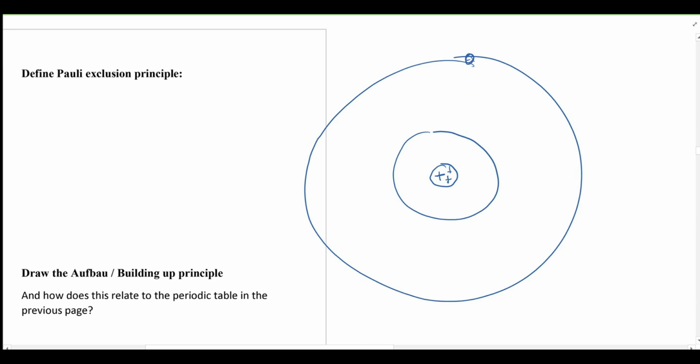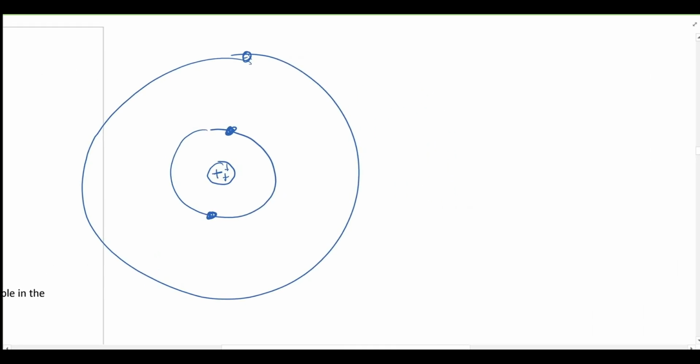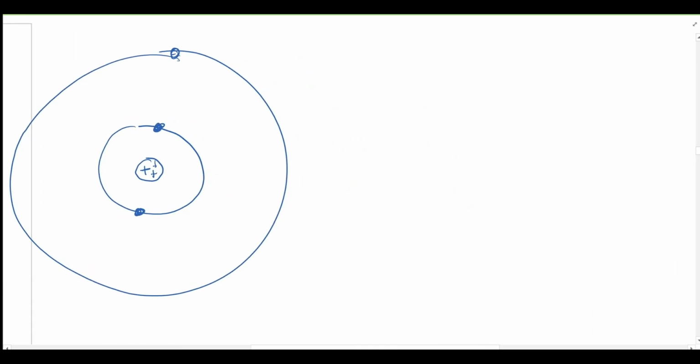But when you have multiple electrons in a system, say a 3-electron system, only 2 electrons can fit in n equals 1 and another one fits in the next level, and the shape is slightly different because now we have multiple kinds of interactions.